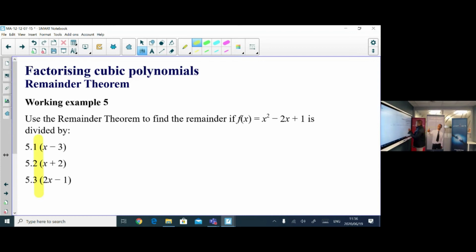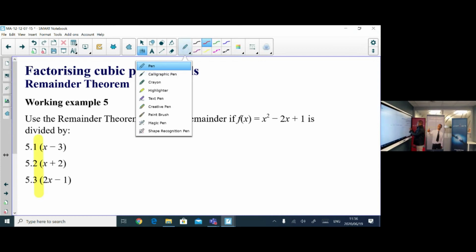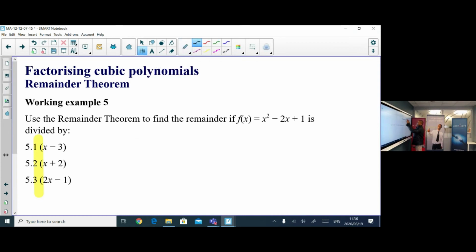So if we were to make x the subject here, we would have x equals 3 from this part. So we go now into the expression and say, what is f of 3? The same 3 that we got there.